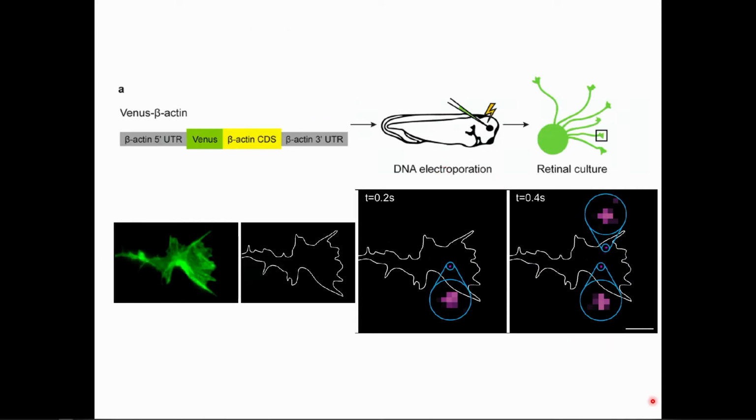And then I should say that I said that you can't do this in living cells, in the way that we talked before. But in fact there are sometimes situations where the density of the molecules that you want to see is so low that the likelihood of point spread function overlap is very small anyway.